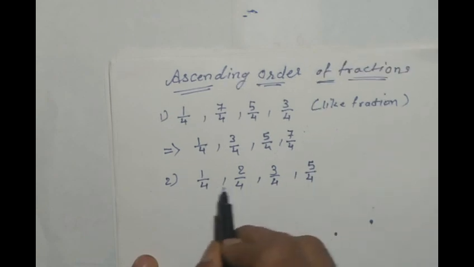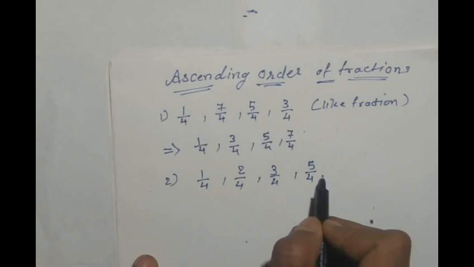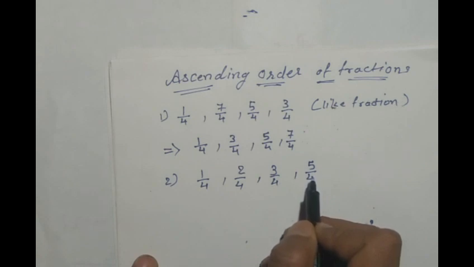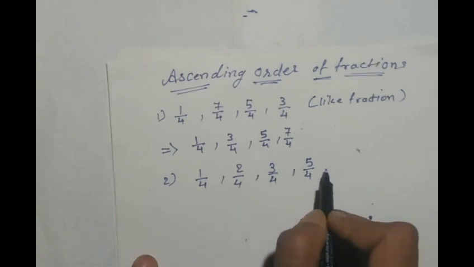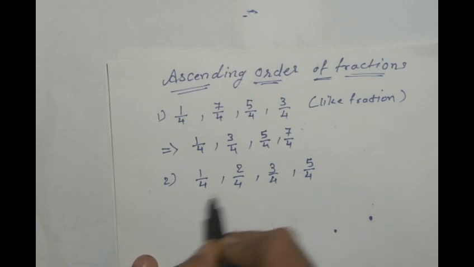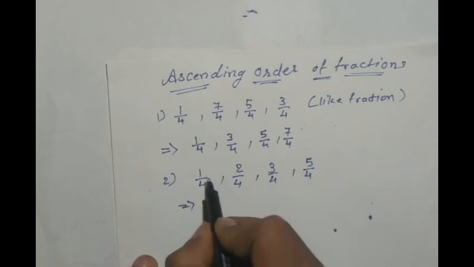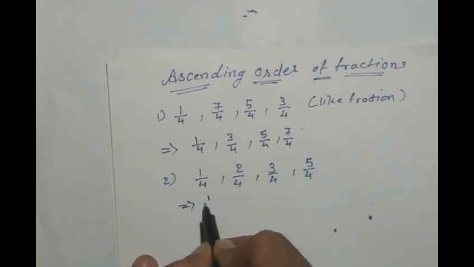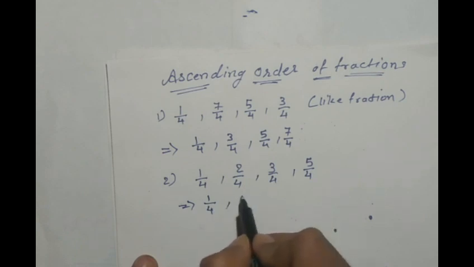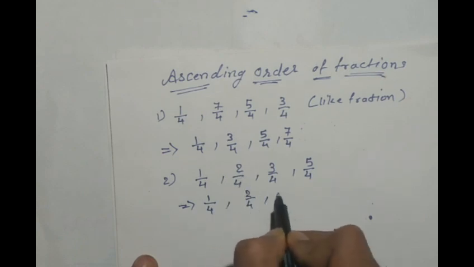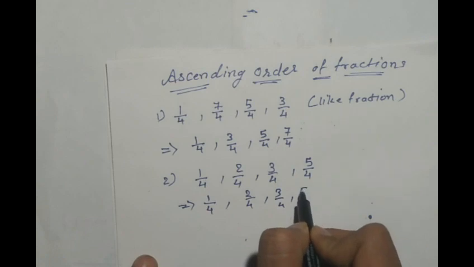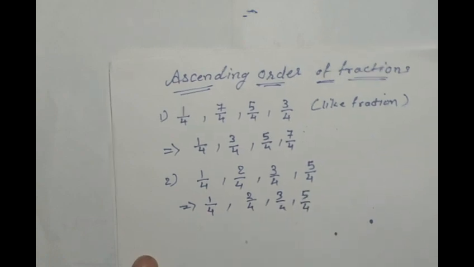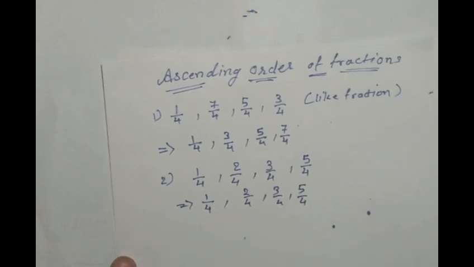Here also you can see all the denominators are same, so it's very easy to solve. Just you have to see only the numerator. Which numerator is smaller? 1 by 4, then 2 by 4, then 3 by 4 and 5 by 4. Just see the numerator and arrange the fractions in order.